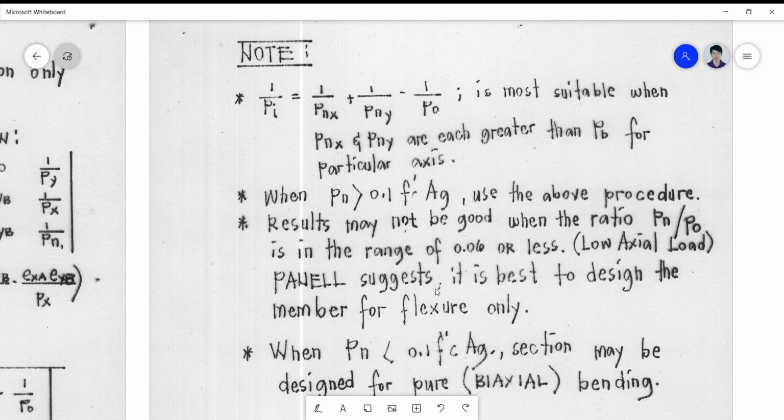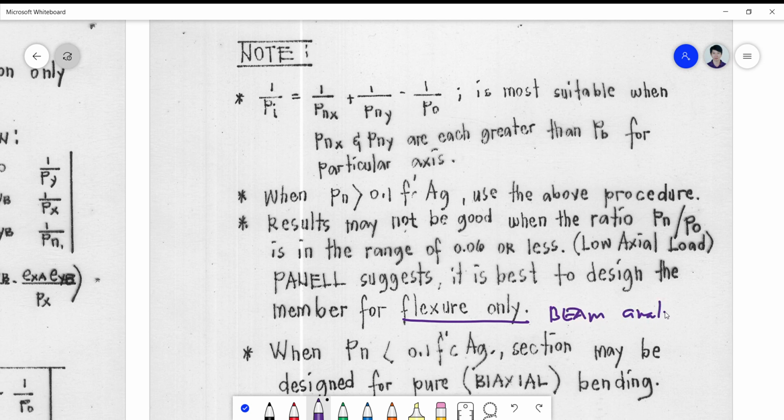We're referring here to a beam analysis. So when Pn is less than 10% of the strength, the section may be designed for pure biaxial bending.